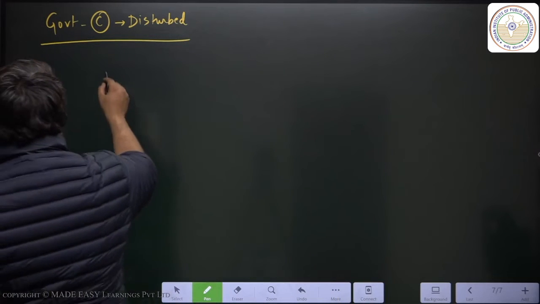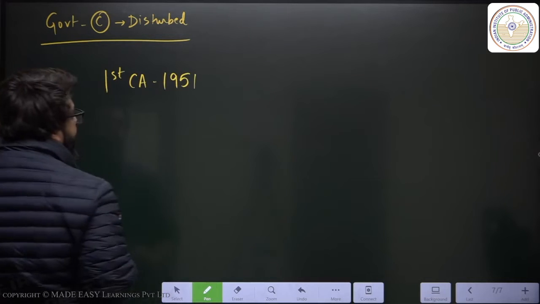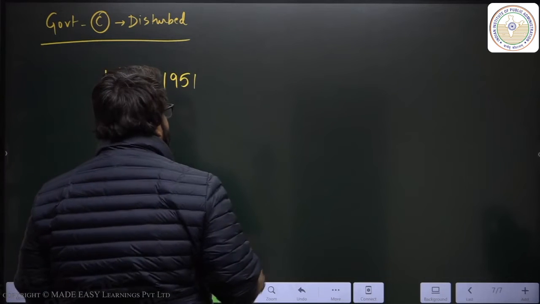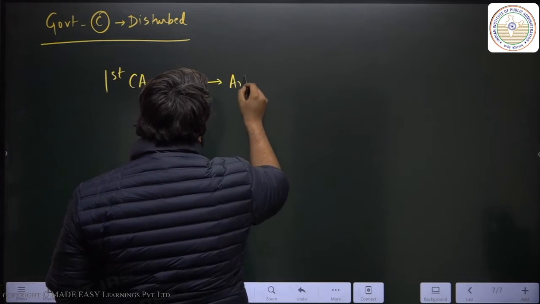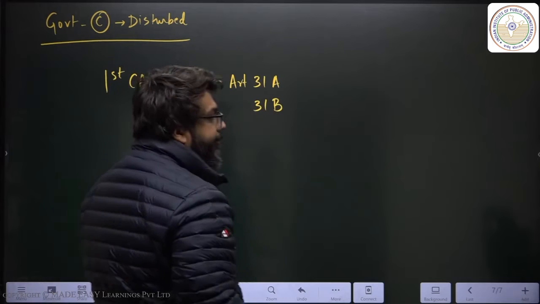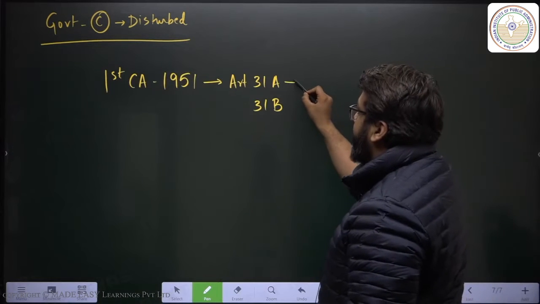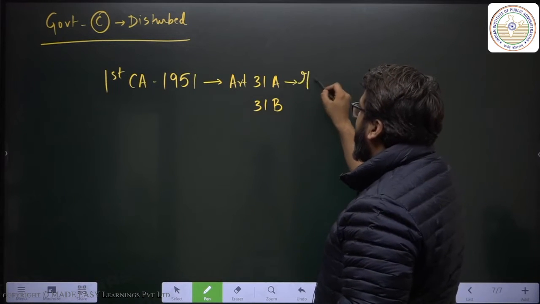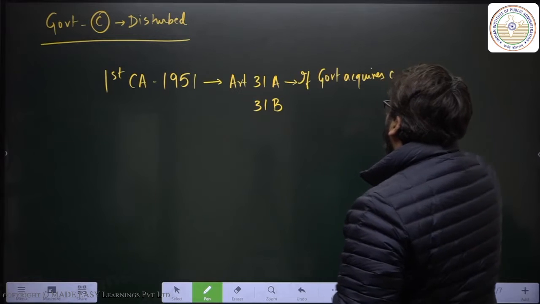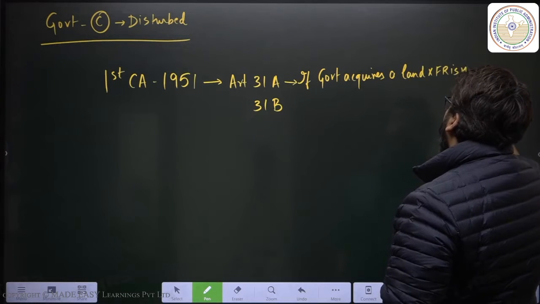So the first Constitutional Amendment Act of 1951, which we've referred to in a lot of other fundamental rights discussions, introduced Articles 31A and 31B. Article 31A very clearly says, if the government acquires a land, no fundamental right is violated.